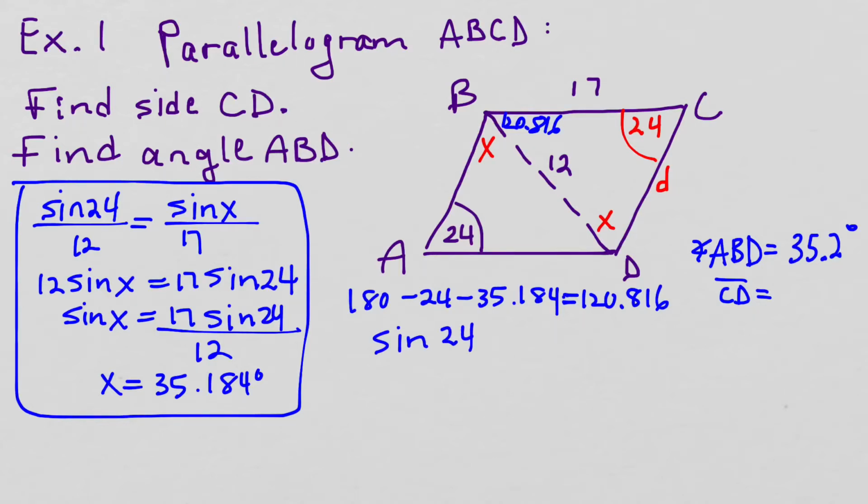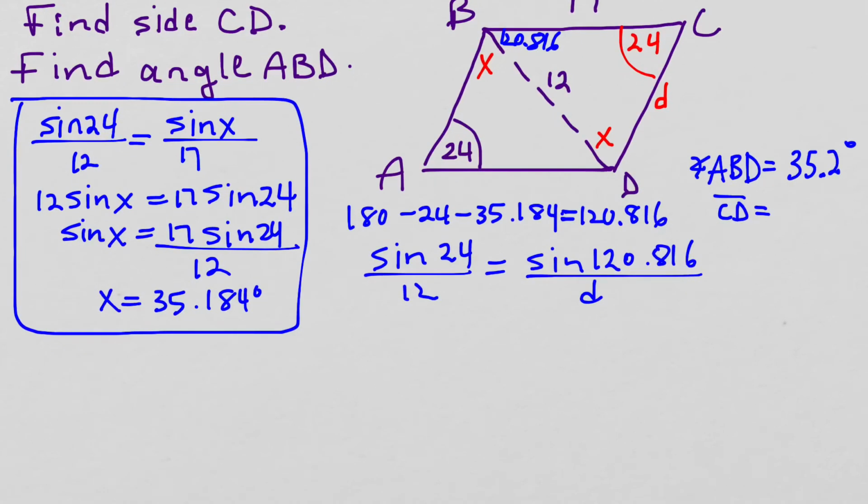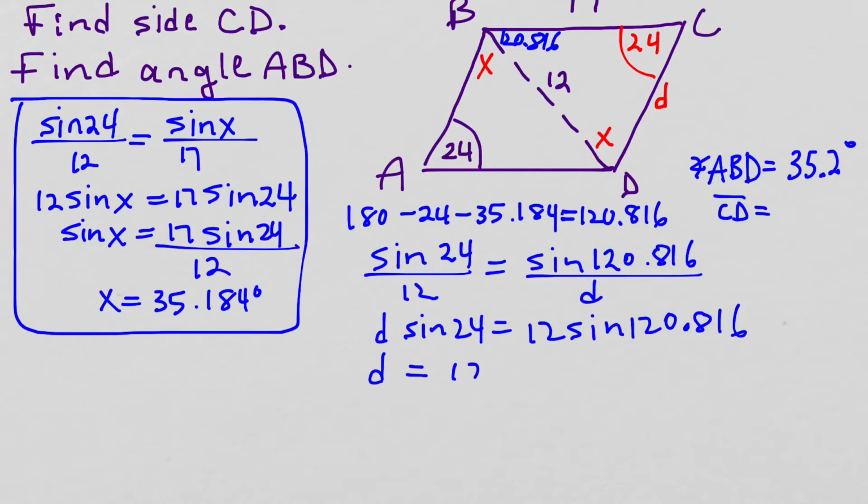All right, now we can say sine of 24 over 12, use that one again, is going to be equal to sine 120.816 over little d. All right, so that should get it. So d sine 24 equals 12 sine 120.816, dividing by sine 24.